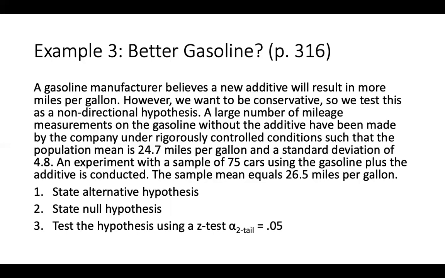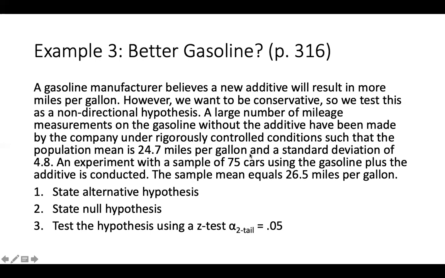So the way we do this is, of course, we need some plausible population values and sample values. So first and foremost, we get our population values actually by collecting what we call normative data. So a large number of mileage measurements without the additive have been made by the company such that that population mean is 24.7 miles per gallon.